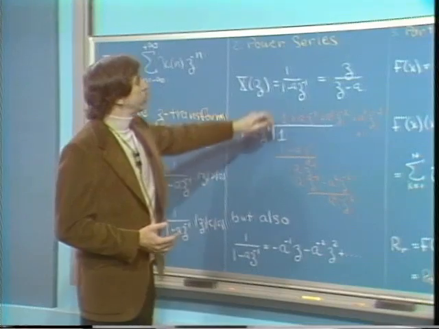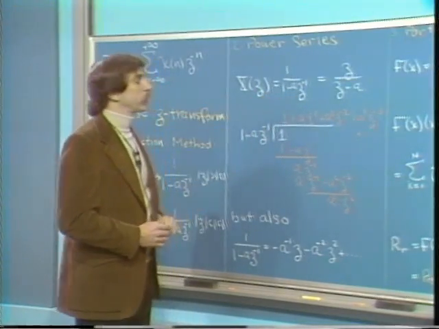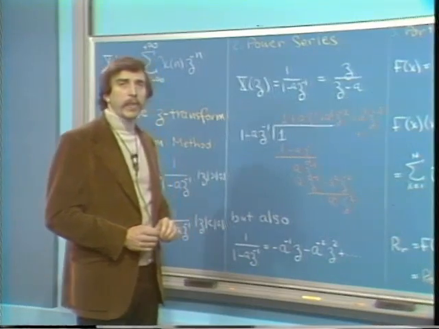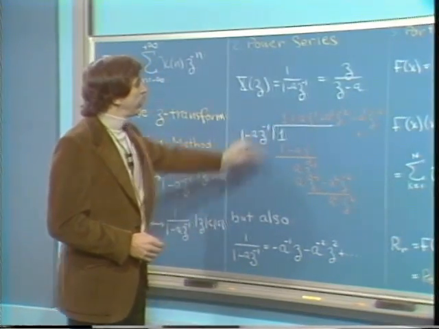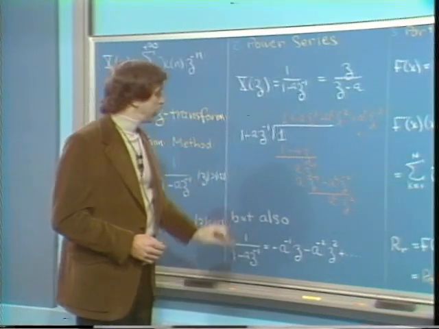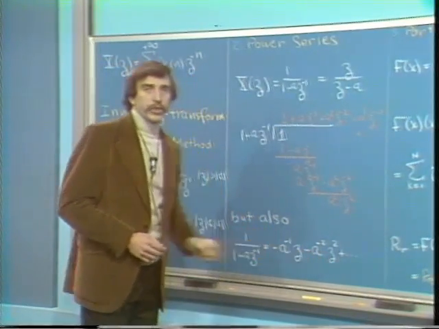If I associate as the region of convergence the magnitude of z greater than the magnitude of a, then it's this power series that converges, and this power series diverges.